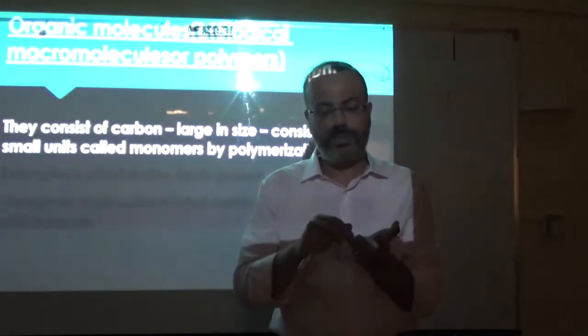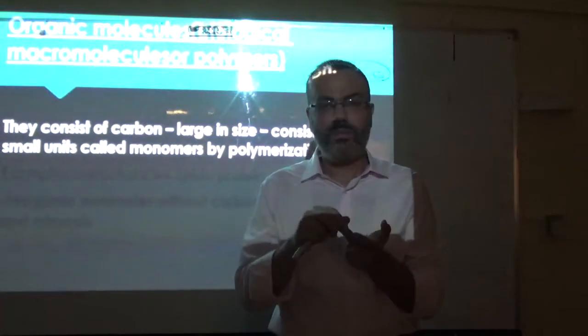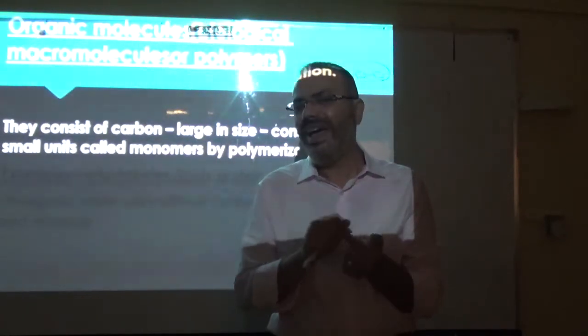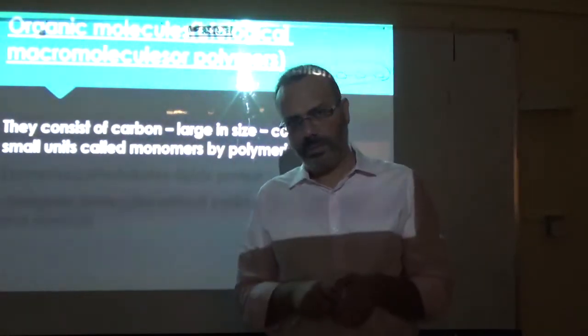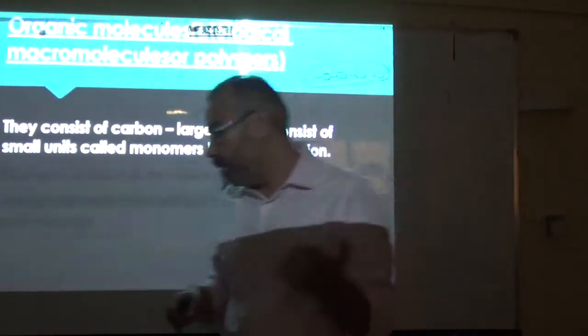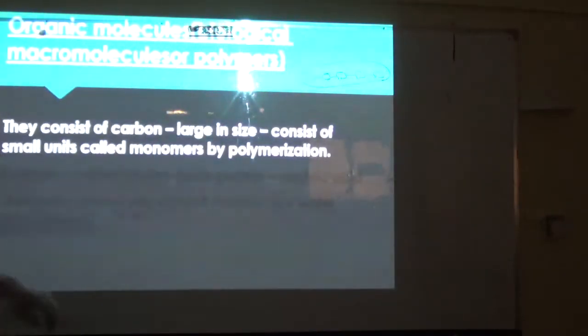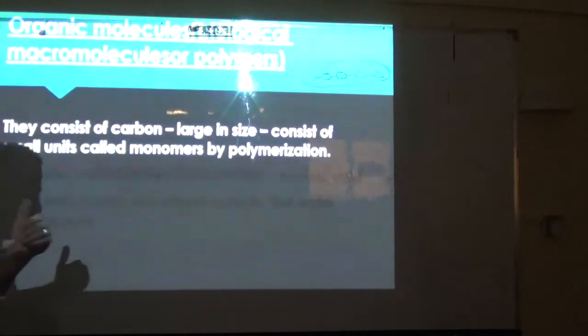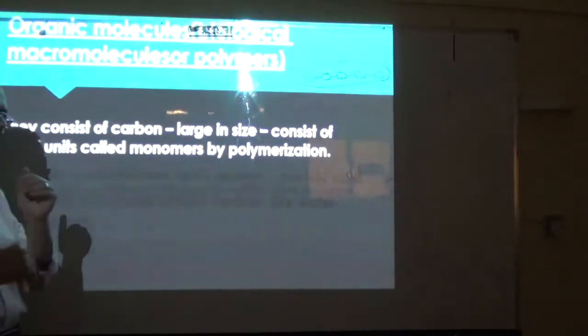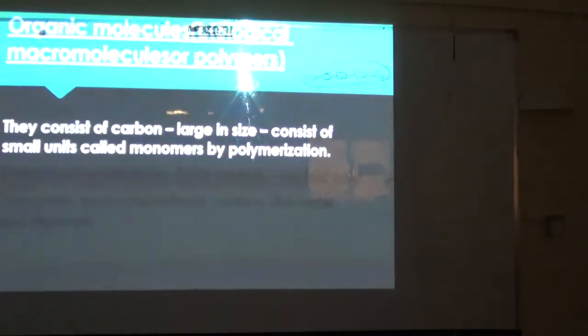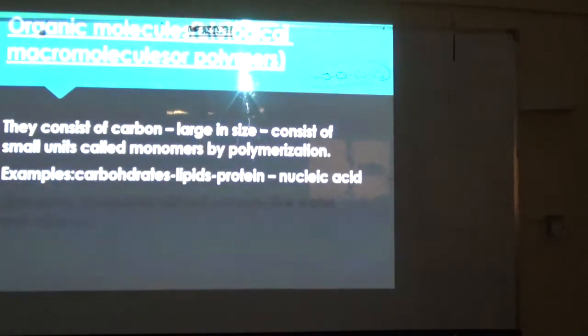carbohydrates, lipids, protein, and nucleic acid. These examples, we will talk about them in this chapter and in the next chapter. So the examples of organic are carbohydrates, lipids, protein, and nucleic acid.